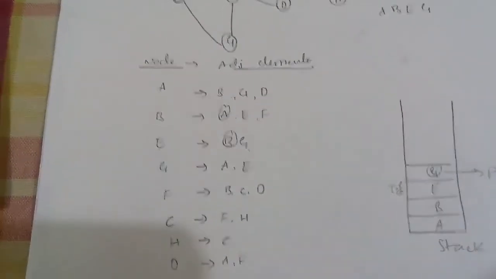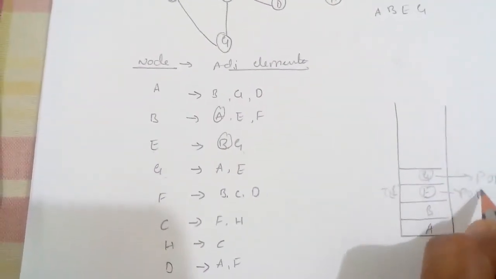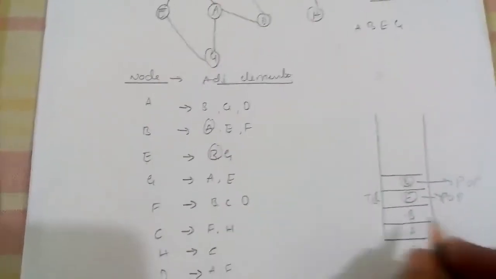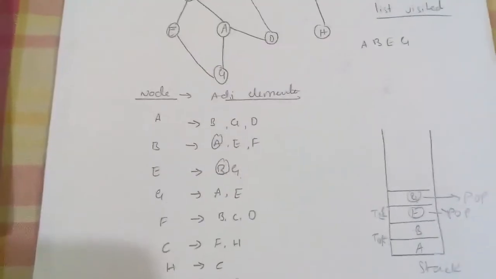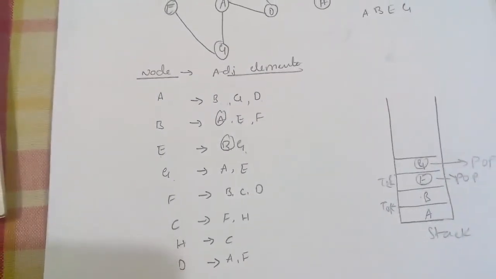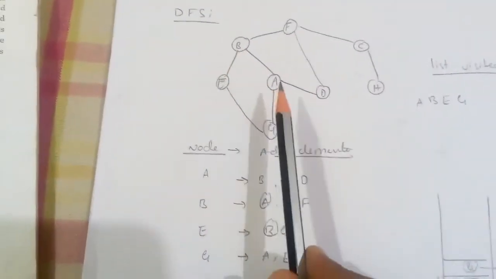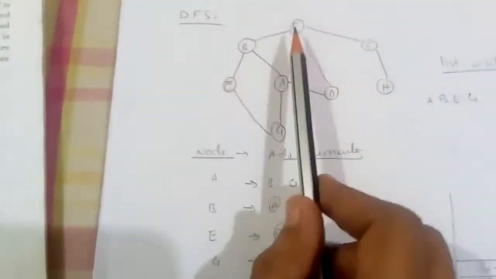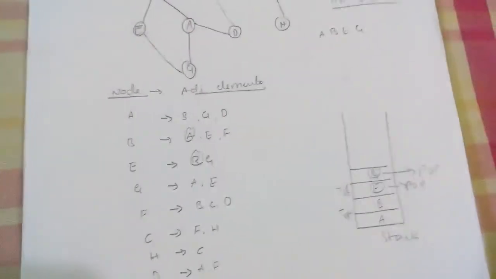So now E is popped from the stack. Now the top of the stack is B. The adjacent nodes of B are A, E and F.